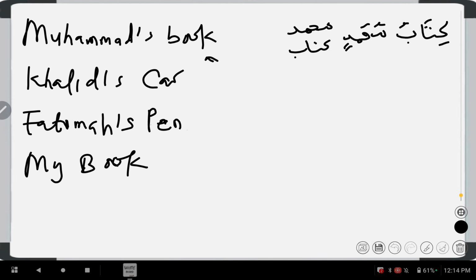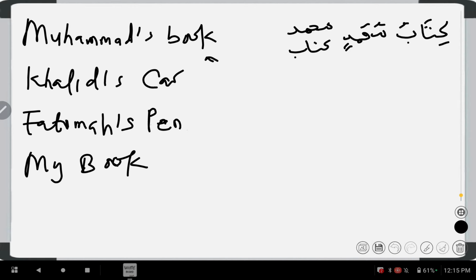Kitabu Muhammad. Now, who is the owner of the book? Muhammad. So the person possessing something is the one that will come last in Arabic. In English, the person possessing something is the one that will come first. However, in Arabic, he is the one that will come last. So the thing he is possessing, the thing we are attaching to the person, will come first in Arabic.